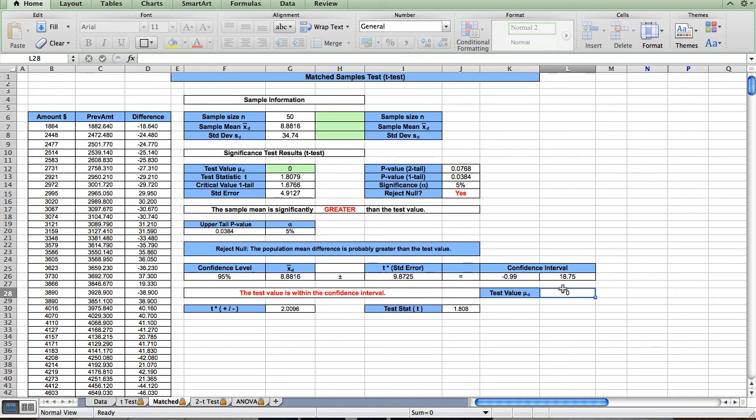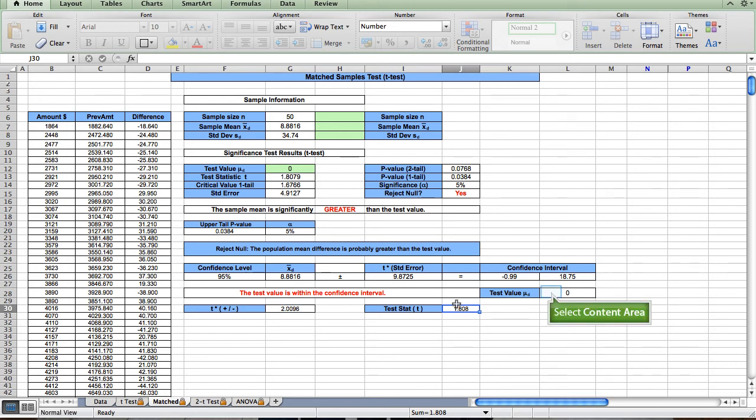Again, we can see that our test value of 0 is in that confidence interval just barely. And that happens because our result is not strong enough to be significant running a two-tailed test, and confidence intervals, of course, are two-tailed. This confidence interval is based on the t-star of plus or minus 2.0096. My test statistic was only 1.81.